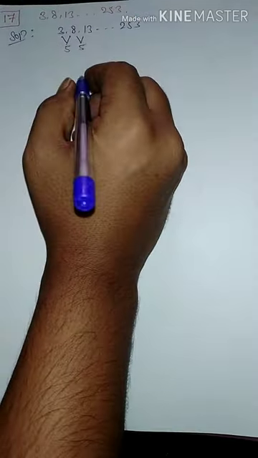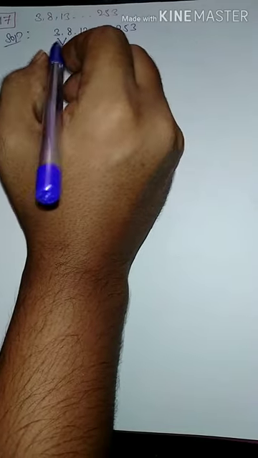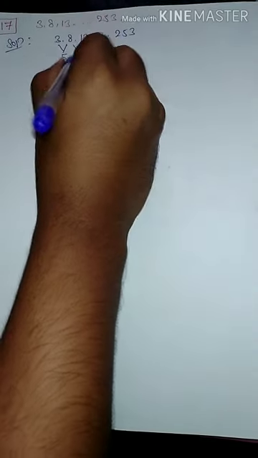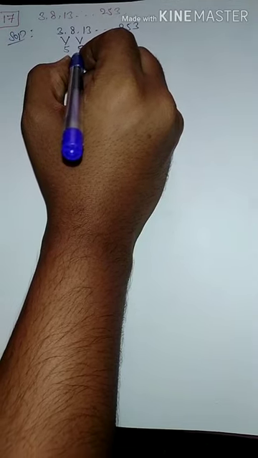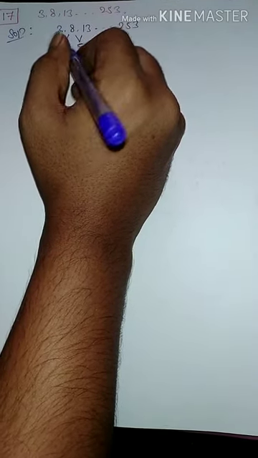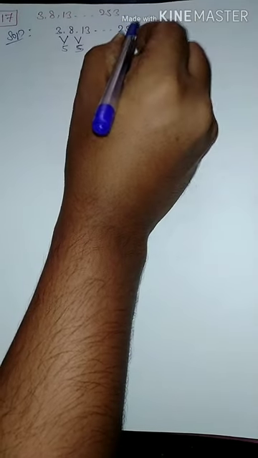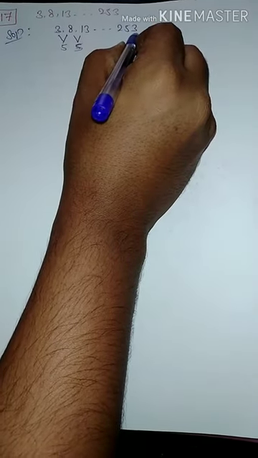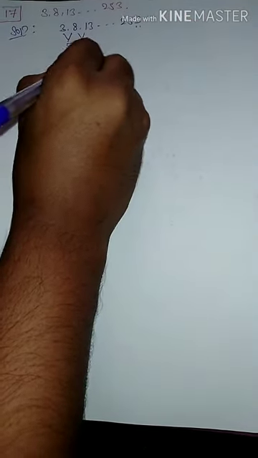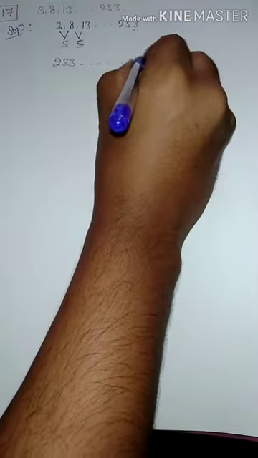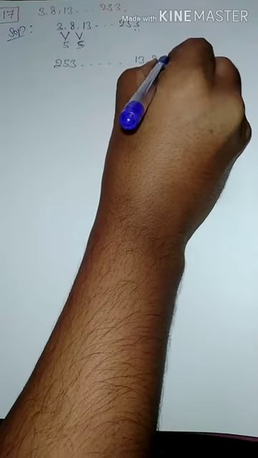And now in the question, find the 20th term from the last term of the AP. Therefore we can write the given AP in reverse order, that is 253, and so on, 13, 8, 3.